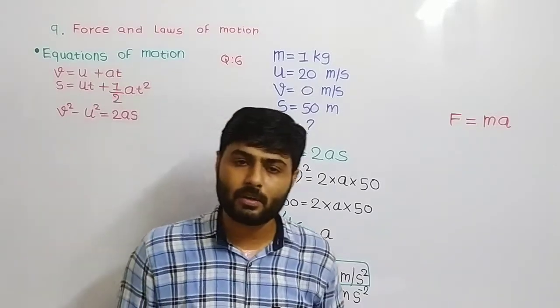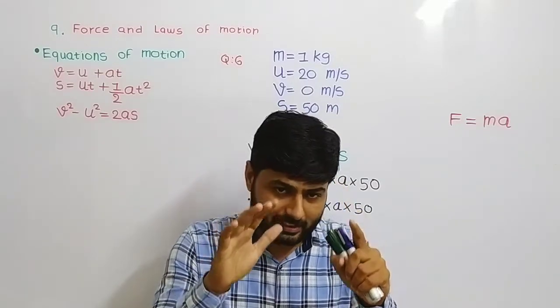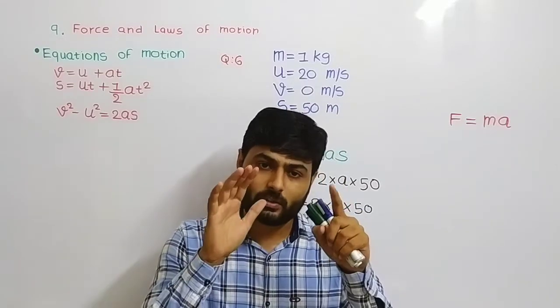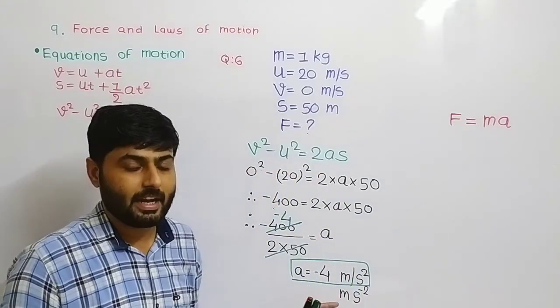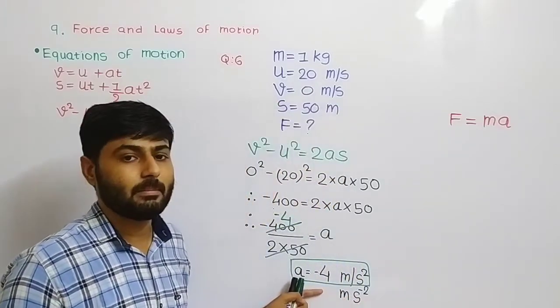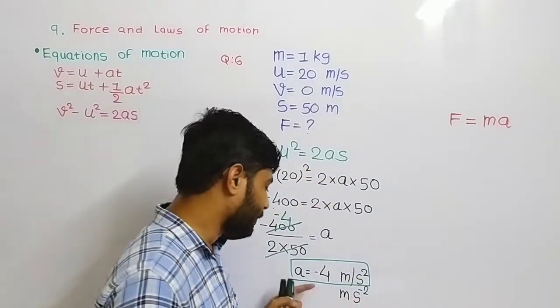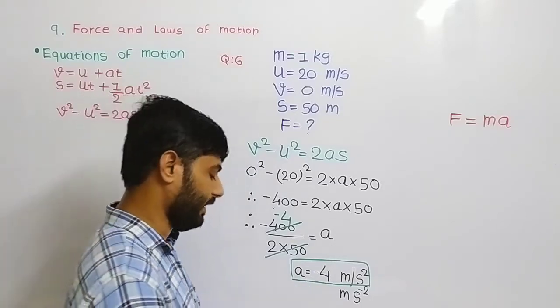Also remember one point I have told you: when velocity is decreasing, acceleration will be minus, and when velocity is increasing, then acceleration will be positive. So we have a is equal to minus 4 meter per second square.